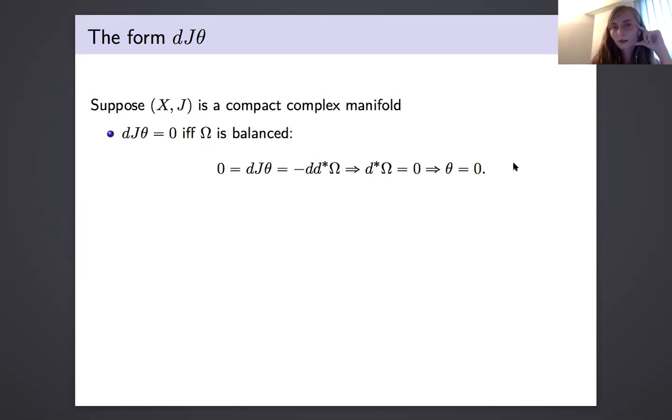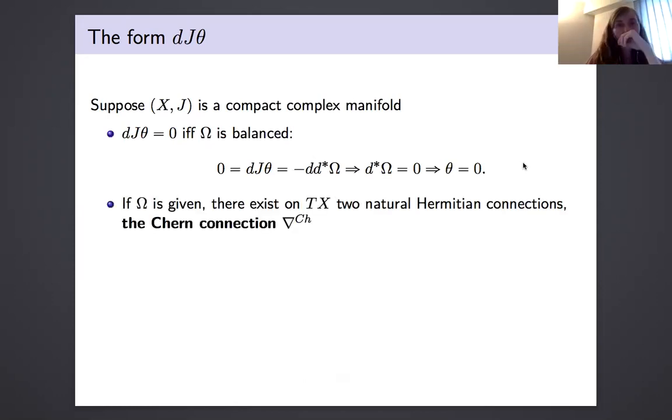A second remark is the following thing, is that once you fix a metric on a complex manifold, you have, in general, if the metric is not Kähler, two natural Hermitian connections on the tangent bundle. The first one is the Chern connection, which is the unique Hermitian connection whose 0-1 part is the Cauchy-Riemann operator.